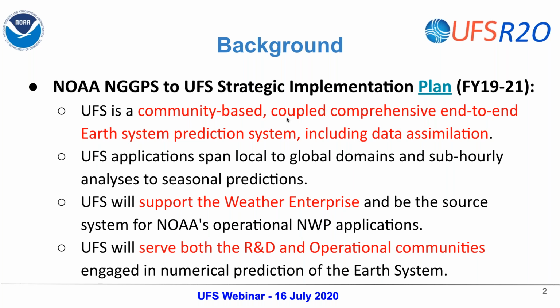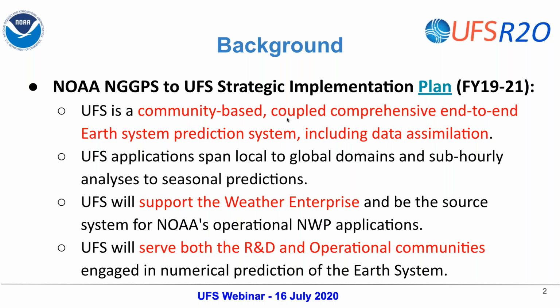The UFS is intended to support the weather enterprise, capital W, capital E, meaning it's intended to be both accessible to and providing products and services to people who are doing research and development, as well as people who are making use of weather forecasts, either in the private sector or in government.